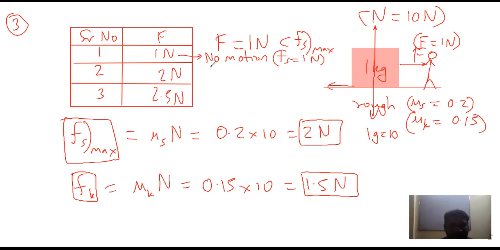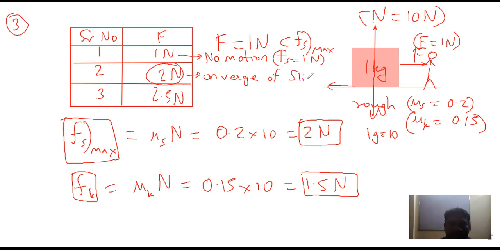In the second case, we have 2 Newton force. When we apply a force of 2 Newton, it is equal to the maximum static friction. In this case, we have a borderline case. Applied force is 2 Newton and static friction is also 2 Newton. So in the second case, the body is on the verge of slipping.